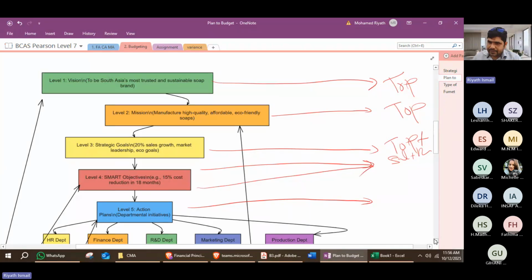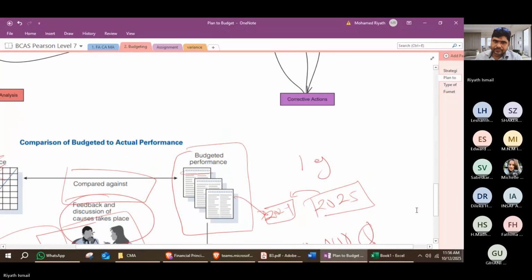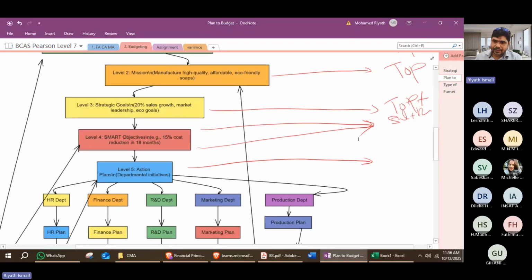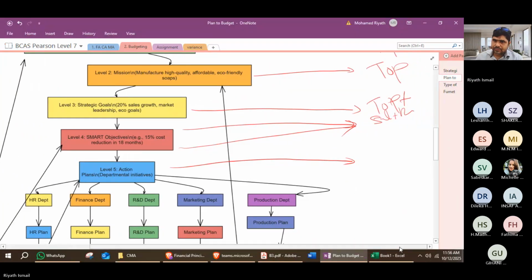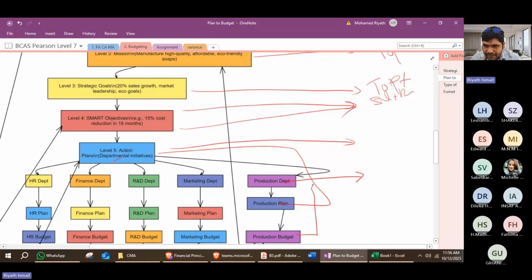And then the department level. When we go to the department level, these are all level 5, the department level action plans. Say the production department will prepare a production plan, a production budget.